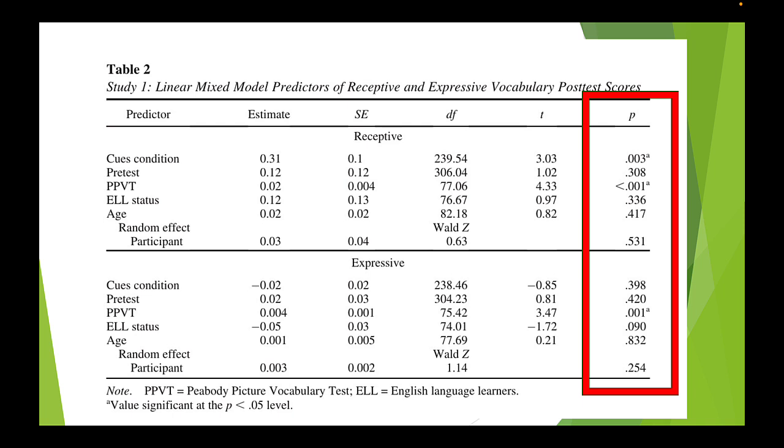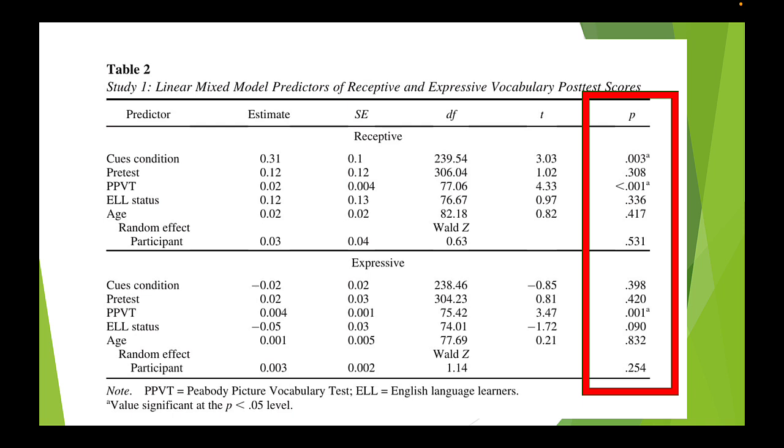And if you look closely at this table, one thing that you could see overall is that the upper half of the table addresses receptive vocabulary post-test scores, and then the expressive variable is addressed in the lower half of Table 2.